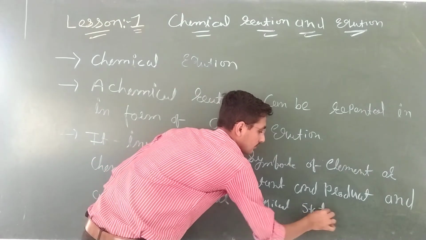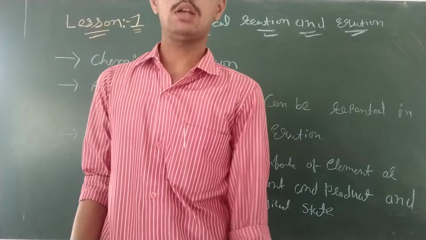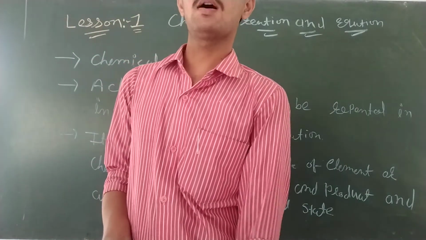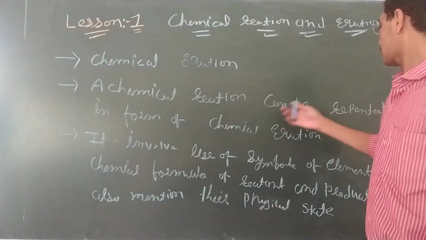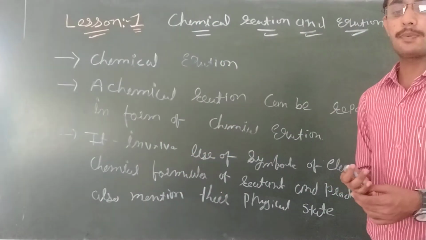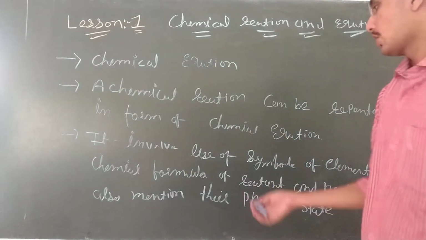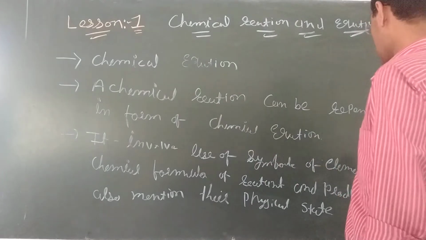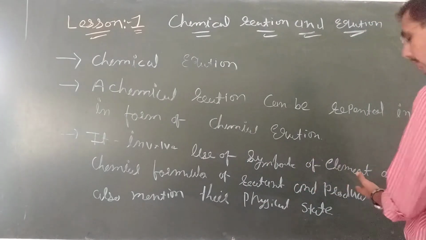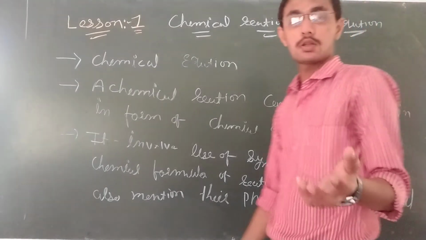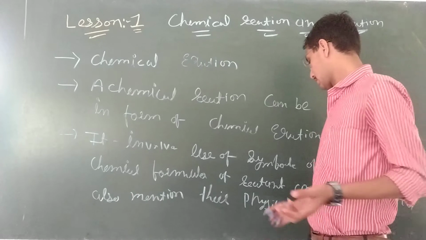So in a chemical equation we discuss the chemical reaction. It is represented in the form of a chemical equation, which involves the use of symbols of elements or chemical formulas of the reactants and products. You are familiar with what a reactant is and what a product is.